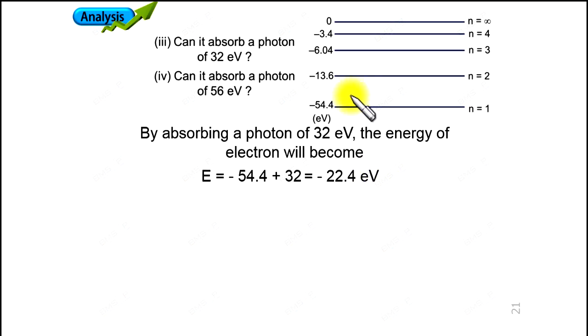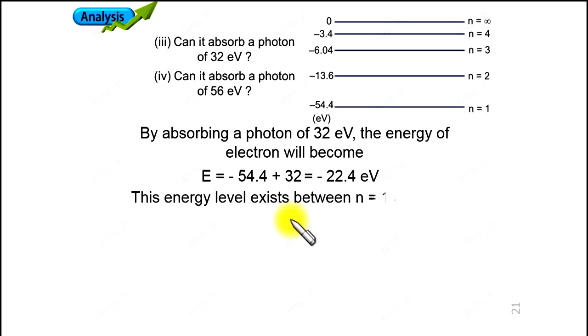But we can observe the next energy state is minus 13.6. That means if it absorbs energy, the energy state should be minus 22.4. But there is no such energy level. That means this atom cannot absorb 32 electron volt of energy, right?